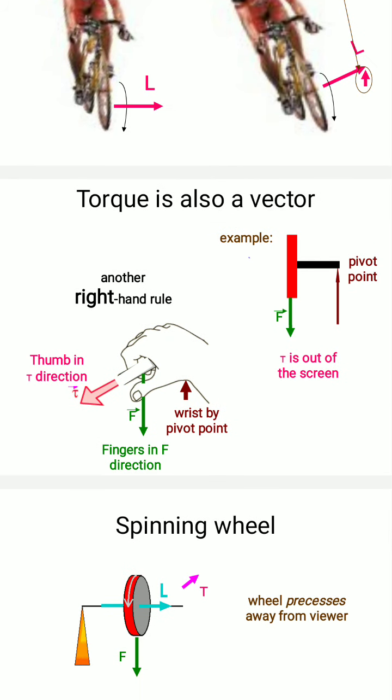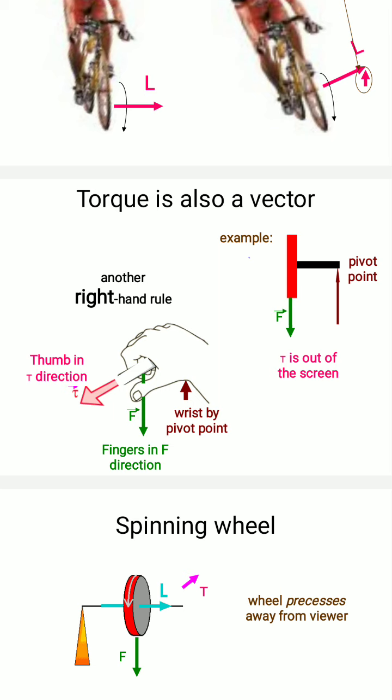In this picture torque is shown with the right hand rule. If all the fingers except the thumb point in the direction of the force, then the torque will be towards the thumb direction.